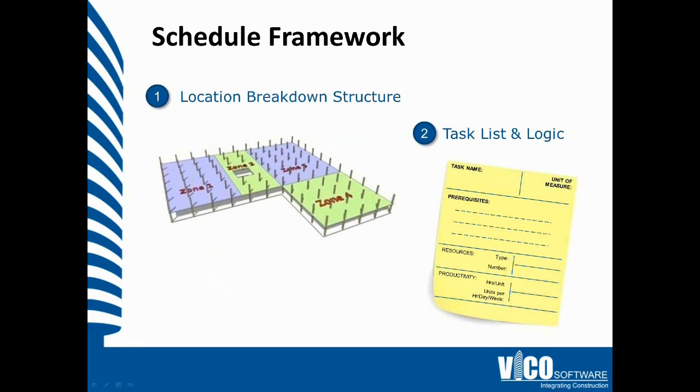Oftentimes, when we work through the CPM schedule, given that it's more of a manual translation rather than automated, you basically have to handle each piece of information as you translate it from the CPM schedule into the flowline, which allows you to scrutinize that information throughout the process.